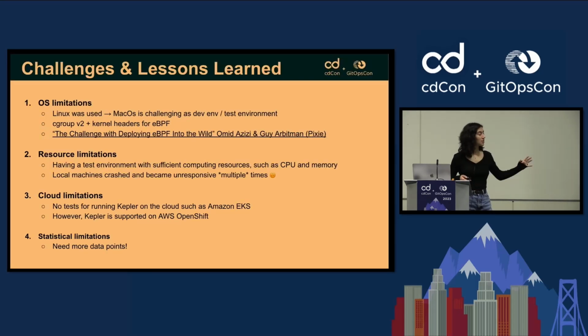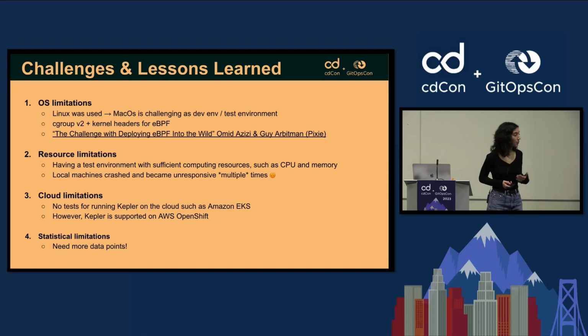So some of the challenges and lessons learned. The operating system and eBPF portability is something that is very challenging, and it's quite well documented. I recommend this article by folks from Pixie, who also work with eBPF, on the challenges of deploying eBPF in the wild and accommodating various different operating systems and how difficult that can be. So like I mentioned before, we use Linux machines, and macOS is pretty challenging.